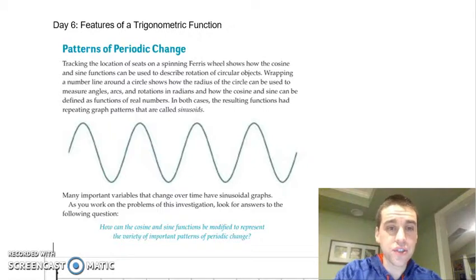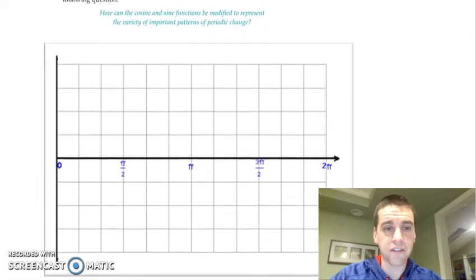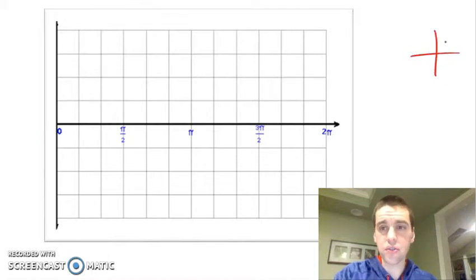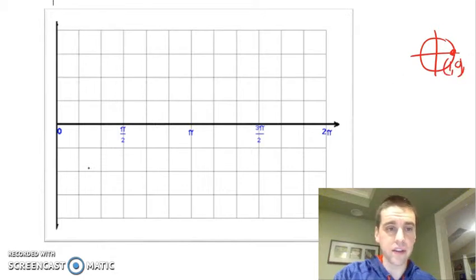Last class you guys created a sine curve using the unit circle, and we talked about that quite a bit in length. I do want to go over it just in case you had forgotten. If we look at a sine curve, remember that if we have the unit circle at 0 degrees, sine is the y value. So we're at 0.